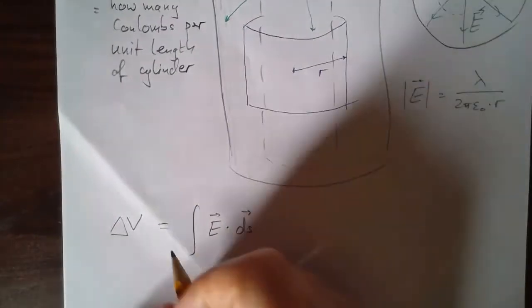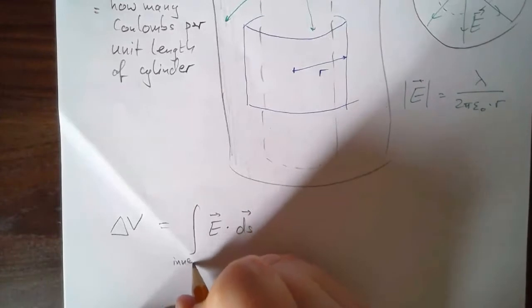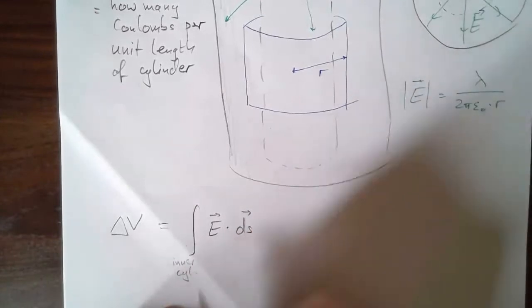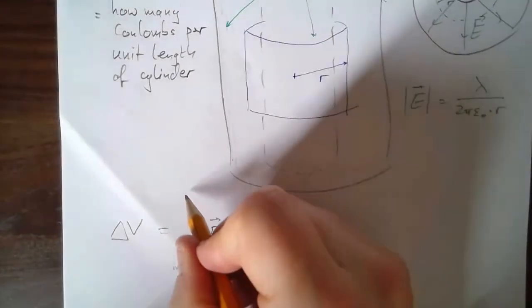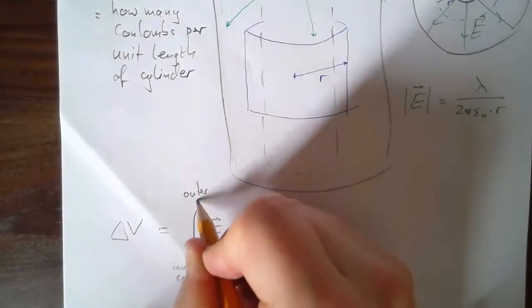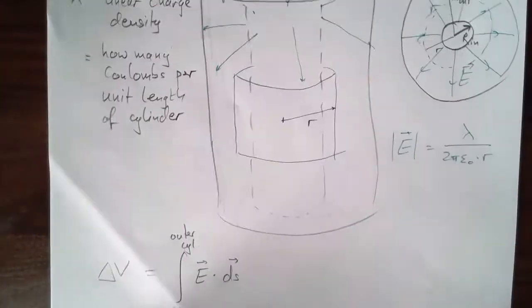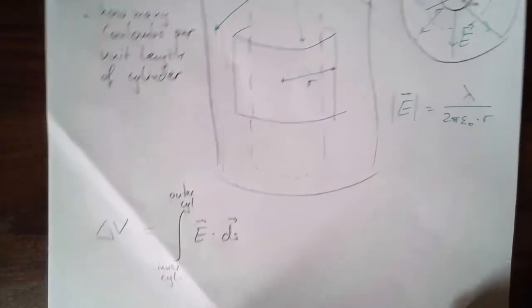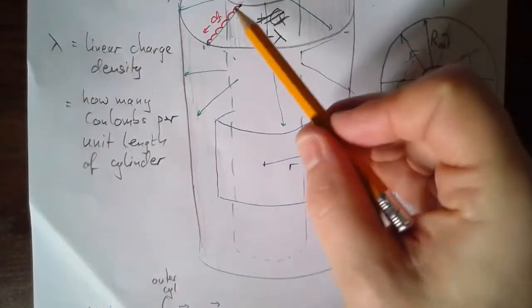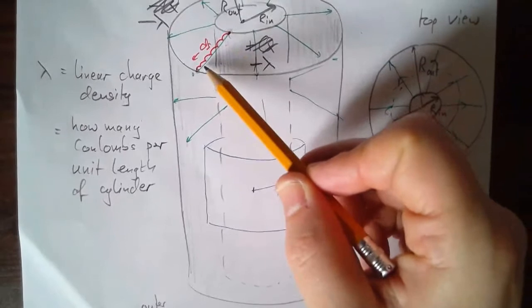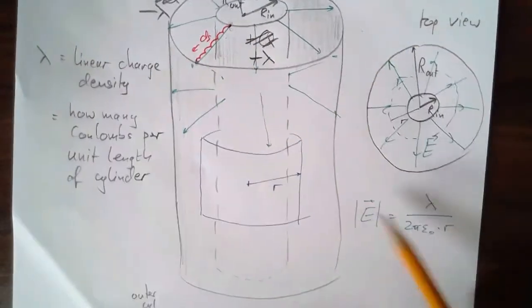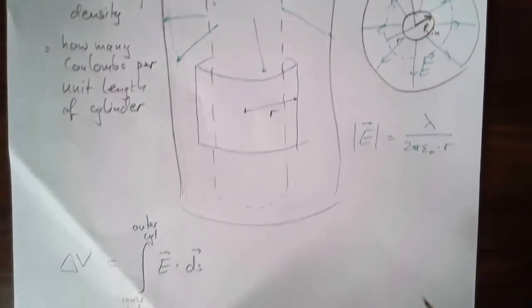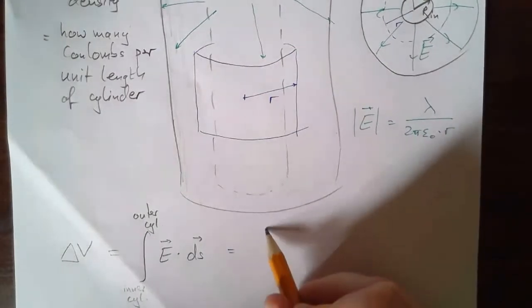So integration is from the inner cylinder to the outer cylinder. So what's the sensible variable to choose for our integration? Well, because we're going along the radius, r is what's changing. We've got the electric field in terms of r, so that's the only sensible choice here.